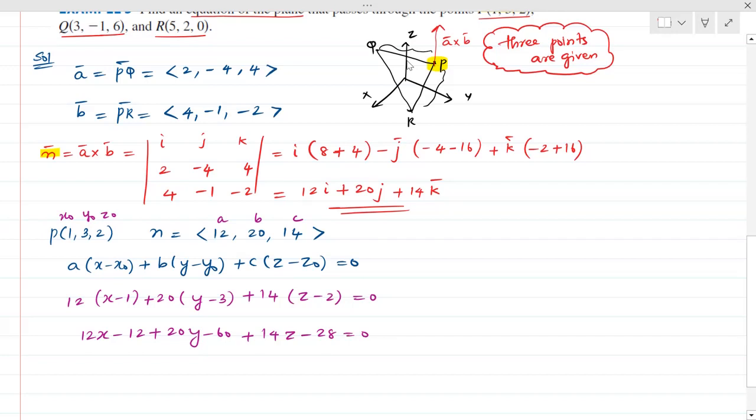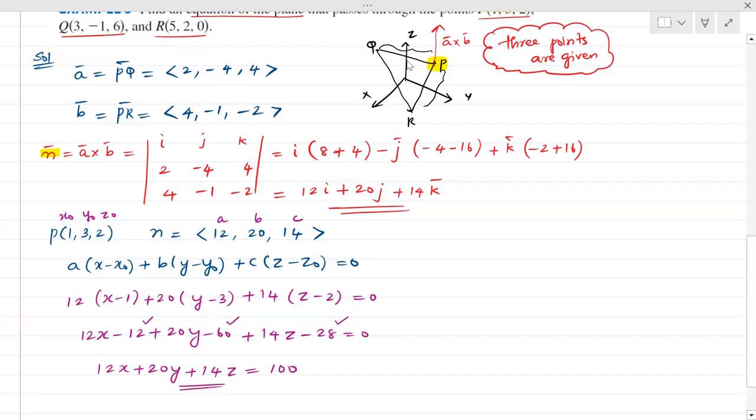So 12x plus 20y plus 14z is equal to 12 plus 60 plus 28, which is 100, when moved to the other side.